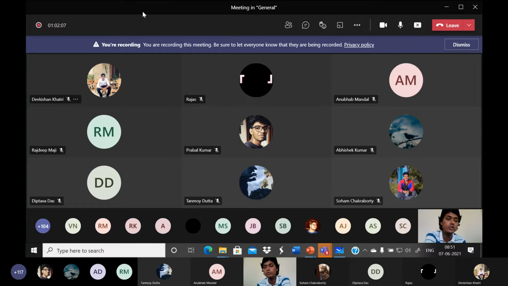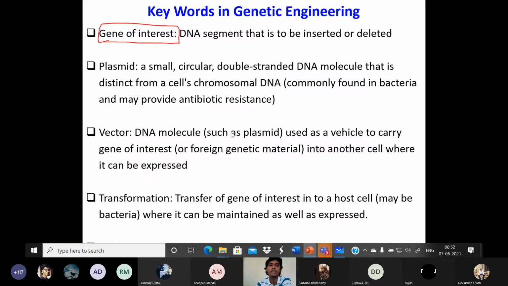Then that protein should be encoded by some particular gene. If it's a human protein, then it's from some human gene. That particular gene is now your gene of interest, from where you are getting the product. Don't forget that: gene of interest.